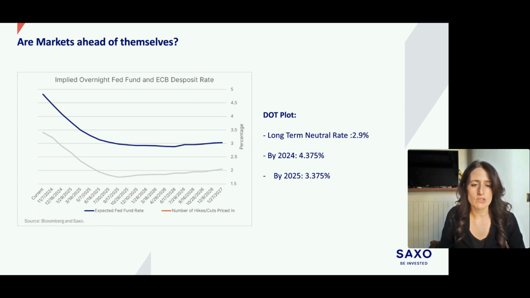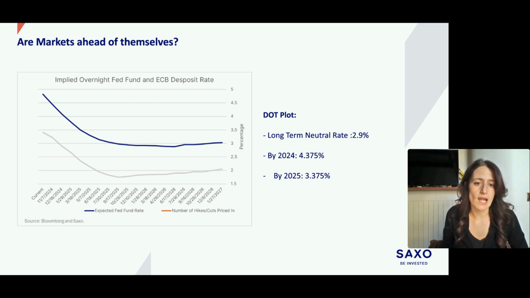In this chart on the left-hand side, you see in blue the expected Fed fund rate according to markets today, and in gray the expected ECB deposit rate from today until 2027.